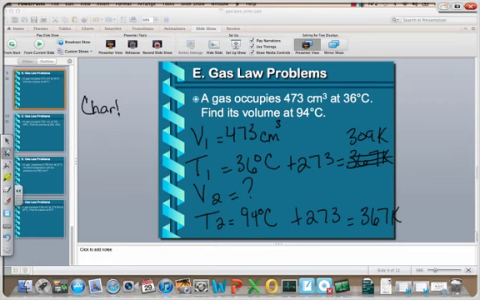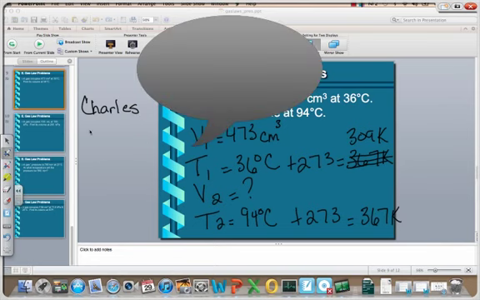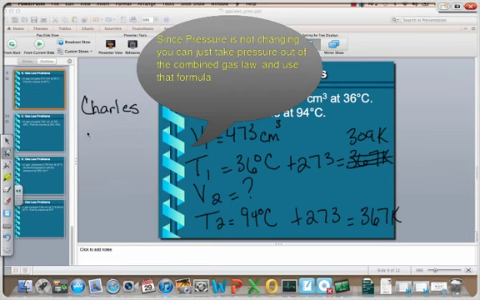Now, I could plug it into that equation, but rather than trying to figure out what equation to use, you do want to be able to know that this is Charles's law, but you can just take the combined gas law and solve using that. So P1 times V1 times T2 is equal to P2 times V2 times T1.